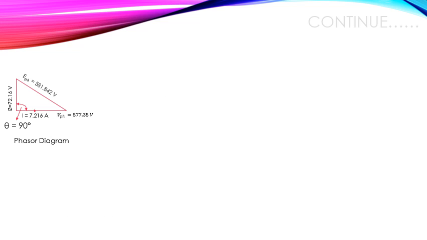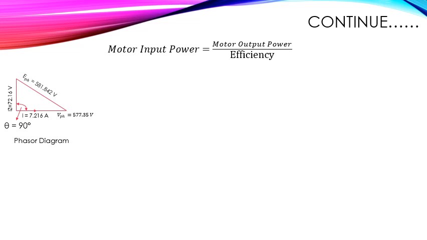We have the given data and we know the equations to be used, so by putting the values in the equation we can find out the answer, right? So first we will calculate the values and then we will see the phasor diagram. Motor input power is the ratio of motor output power to the efficiency.